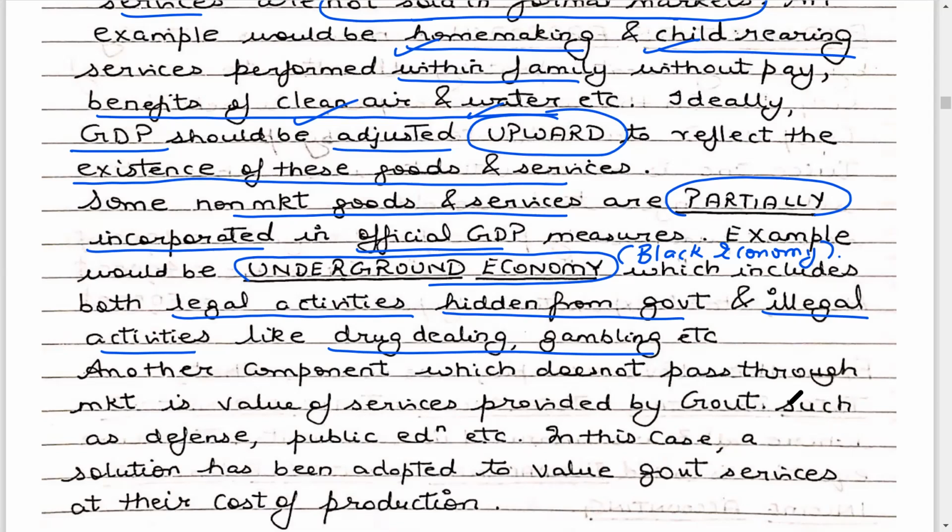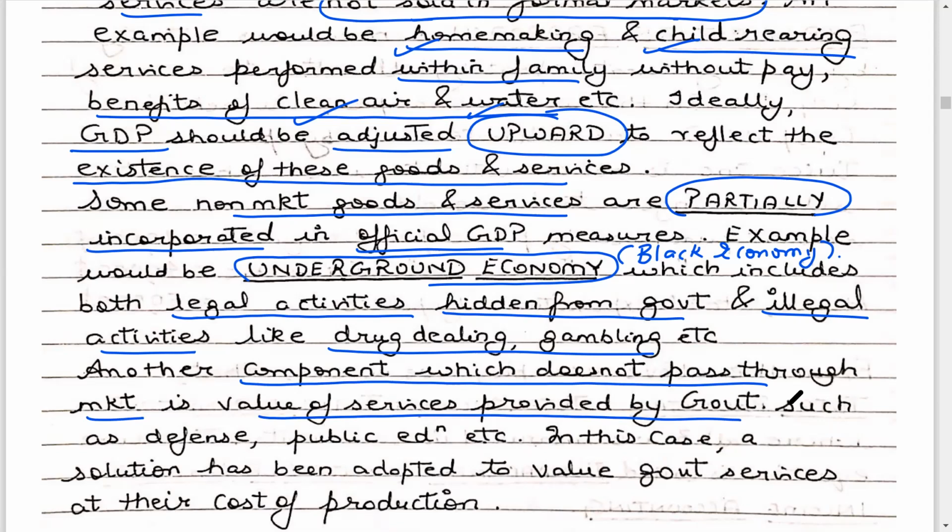Okay, another component which does not pass through the market is the value of services performed by the government. Now guys, when the government is providing us with goods and services, these goods and services are provided by the government at the factor cost, not at the market price. Always remember this.